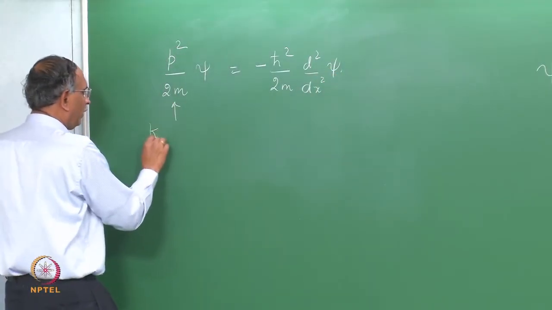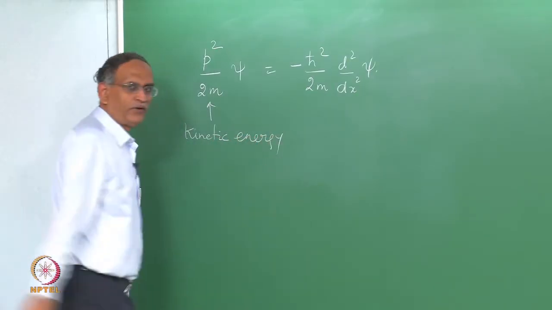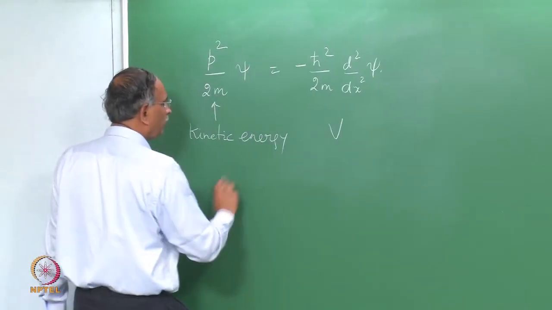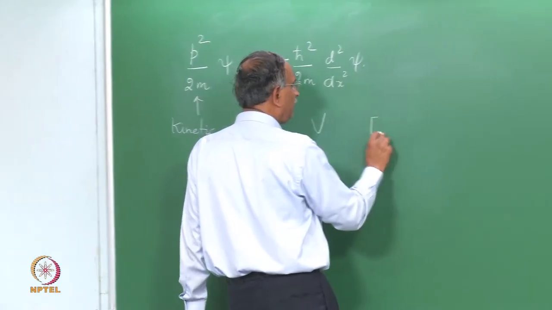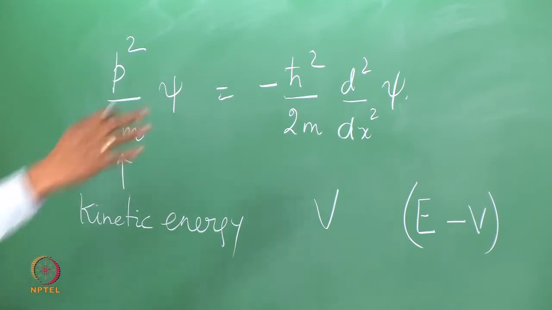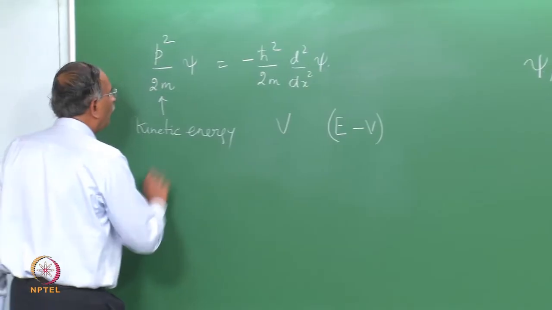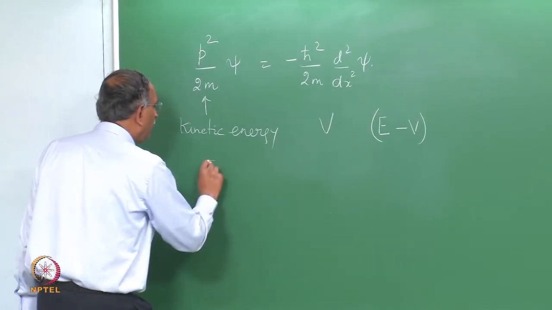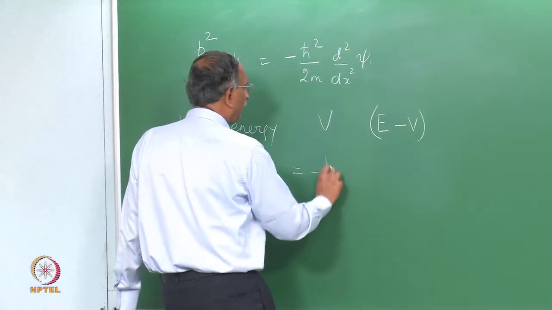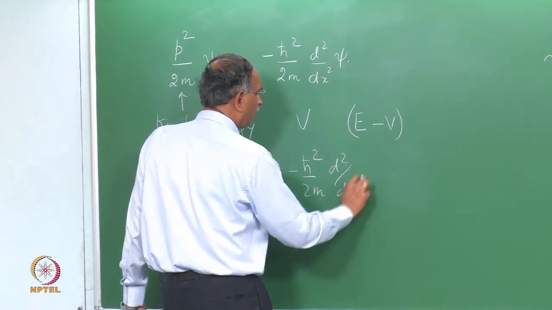This being the kinetic energy, if there is a potential energy V, which may be a function of x, then it is the difference between the total energy E and the potential energy V. I mean, if there is a potential, we have to consider that. Therefore, p squared by 2m on psi is nothing but E minus V on psi, giving you minus h bar square by 2m d square by dx square psi.